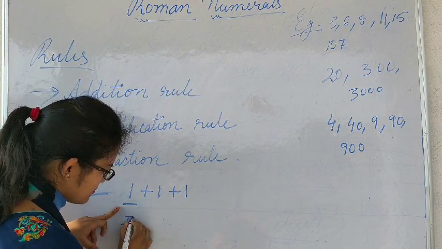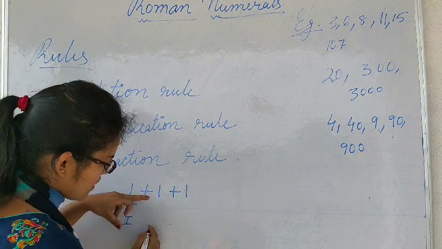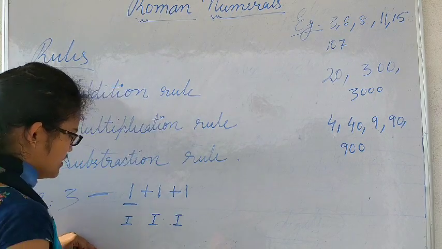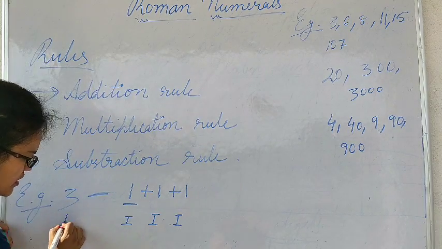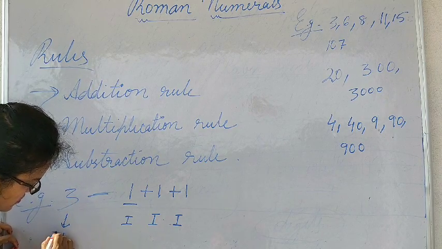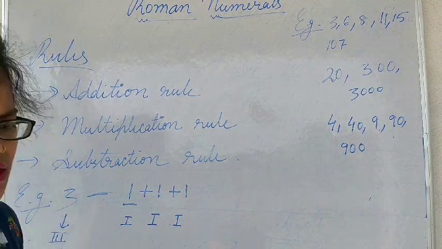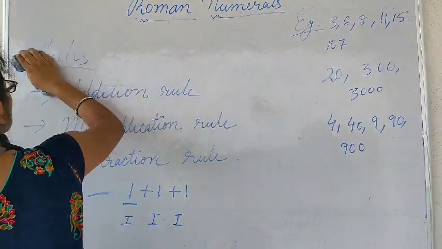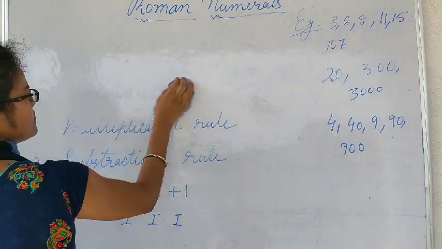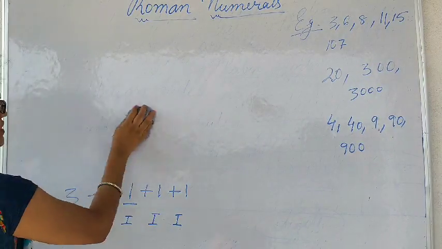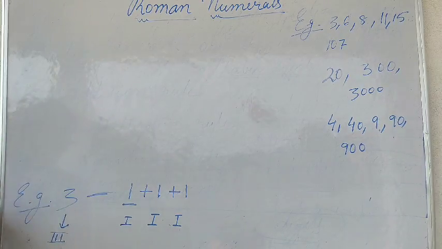That is I. Again for 1, I, and again for 1, I. So how can we write 3 in Roman numerals? This is III. Okay, so this we have written by the addition rule.